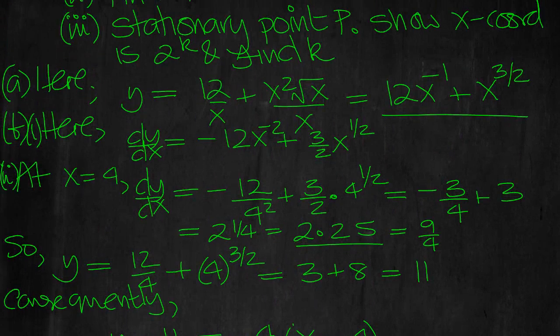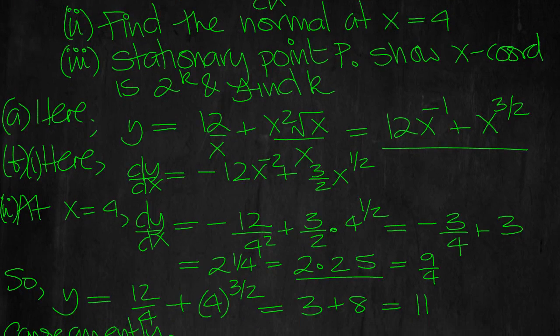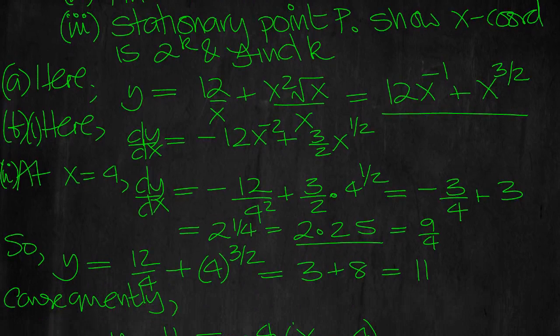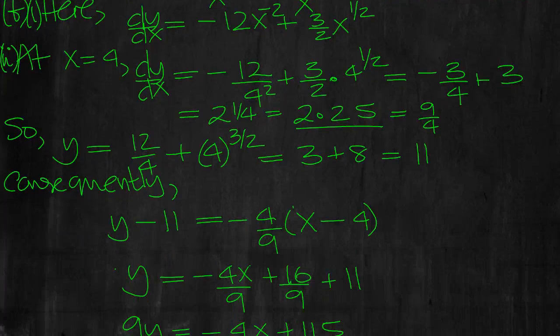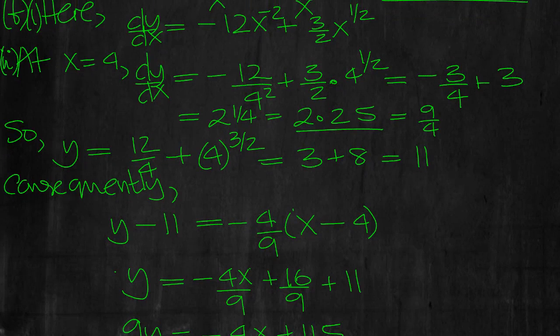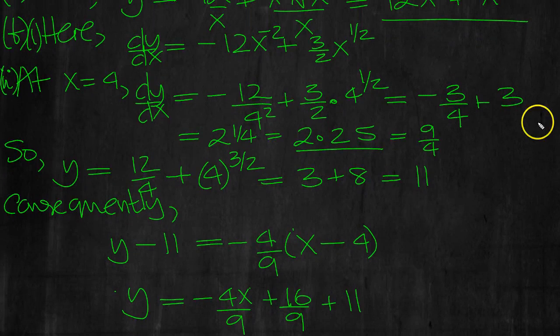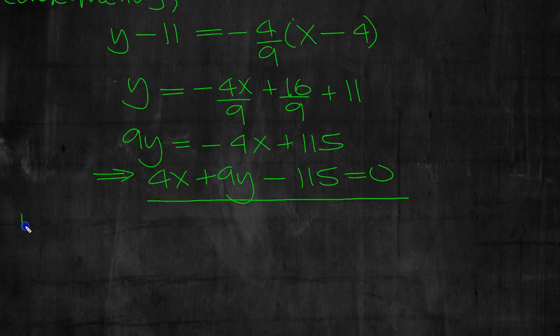Okay, so I'm going to scroll back up now. We found the normal. Stationary point P, show the x coordinate is 2 to the k and find k. Stationary point then, when does dy/dx equal 0? So here's dy/dx, part 3: minus 12x to the minus 2.